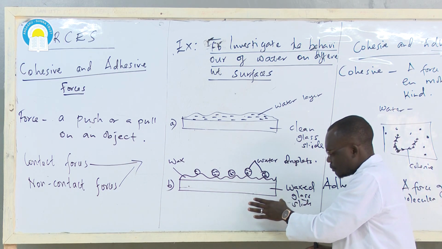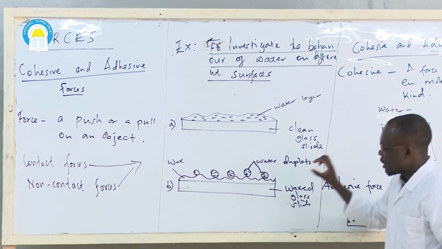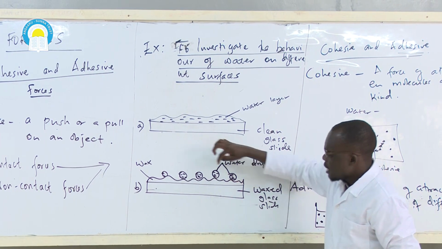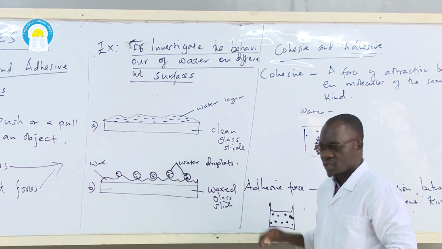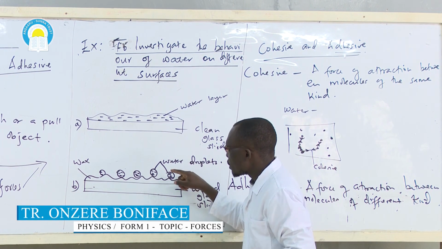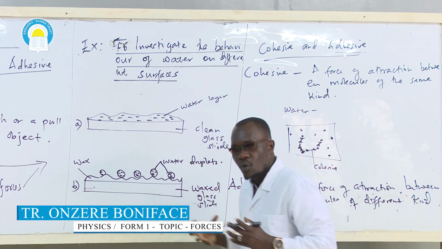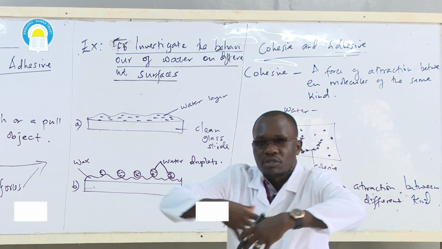In diagram 2, the opposite happens. The force of attraction between the water molecules and the wax molecules is weak compared to the force of attraction between the individual water molecules. So the water molecules themselves are being attracted more to each other.